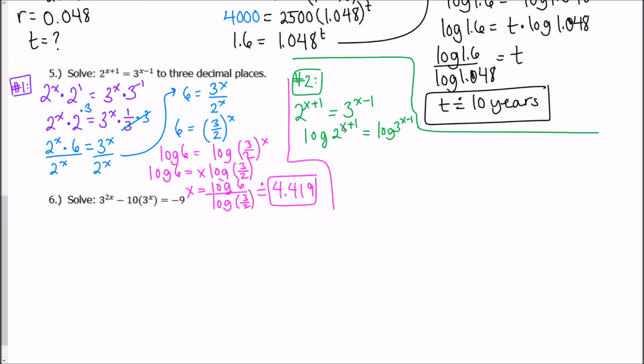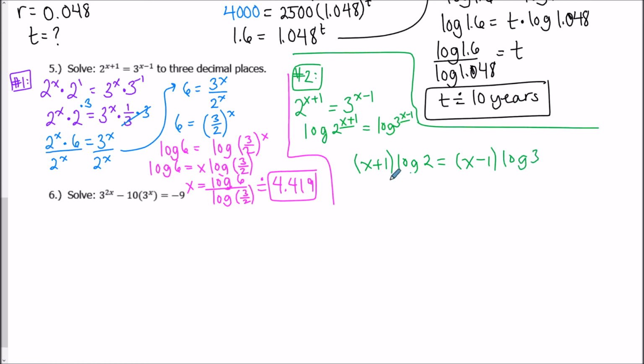And when I do that right here, I'm allowed to now bring my exponent right in front. So this turns into, don't forget your brackets, it's really important that you have it, (x plus 1) log of 2 is equal to (x minus 1) times the log of 3. Okay. So now I'm going to distribute the log 2 to everybody.